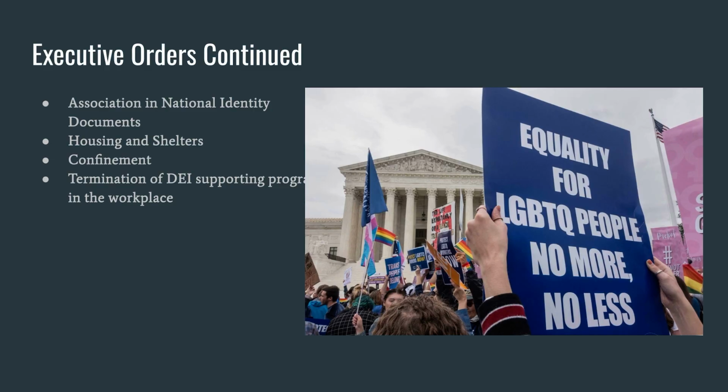This would conflict with not only Bostock, but also other federal laws, and could create requirements for determining a person's sex for admission into emergency shelters that would directly impact individuals who do not conform with sex stereotypes, even if they are not transgender.